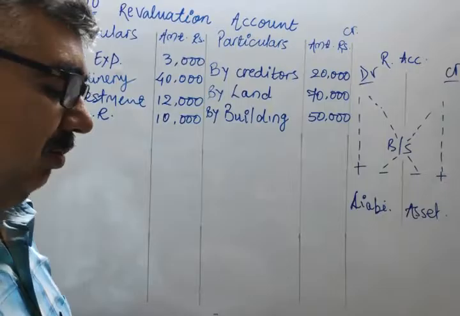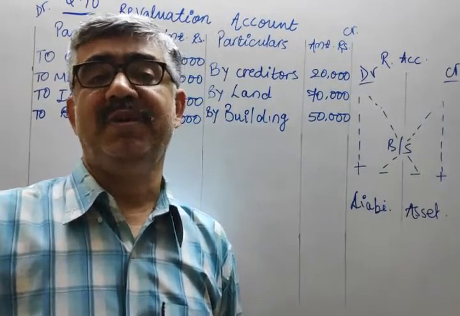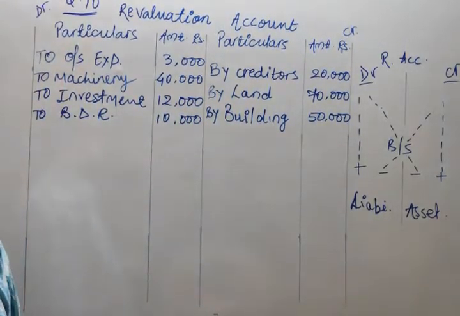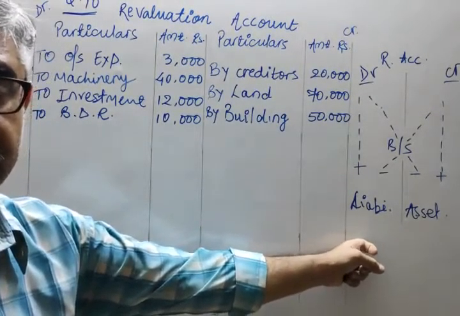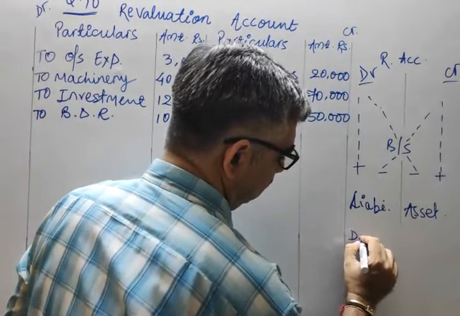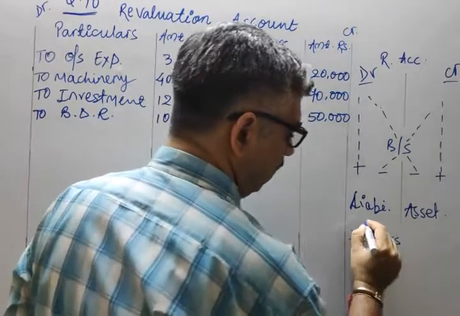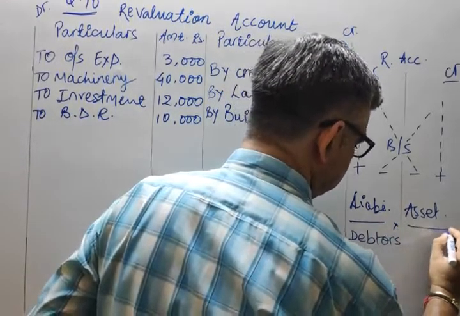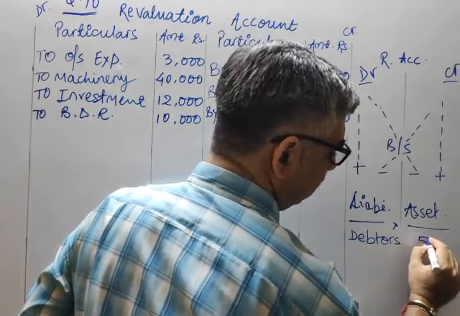Here normally the majority of the students commit a mistake. They did 5% on 50,000, which is wrong. What to do? I'm explaining over here. Debtors, how much? 50,000.